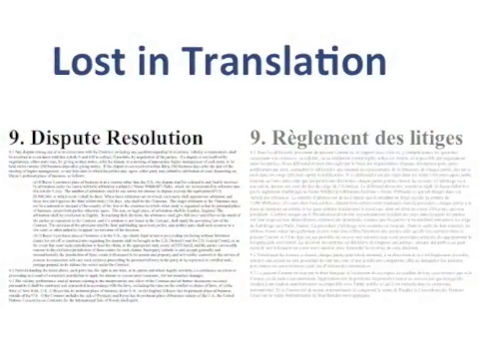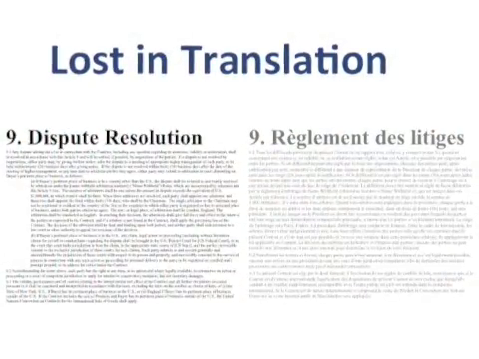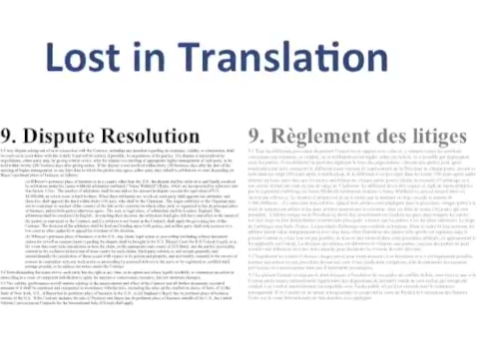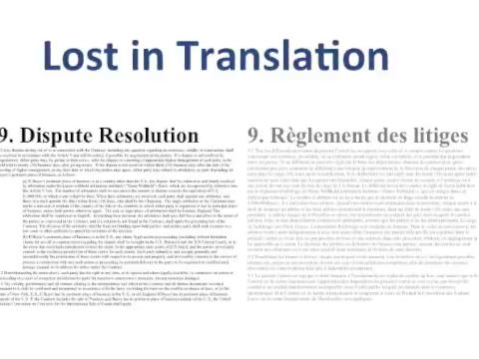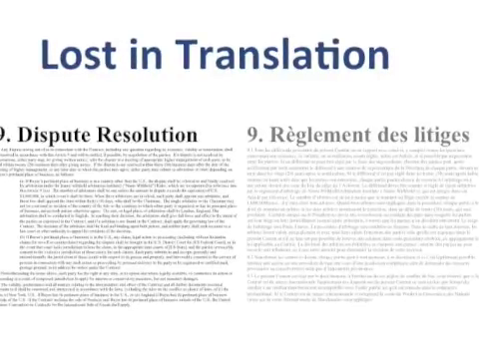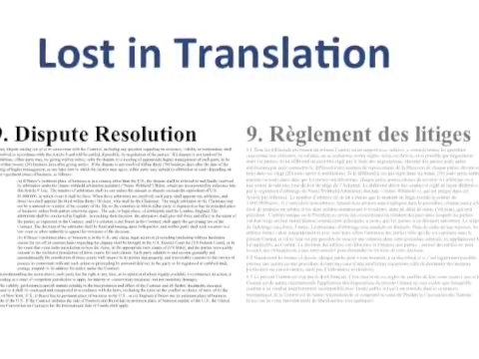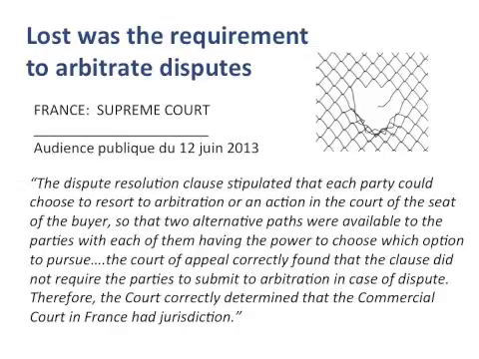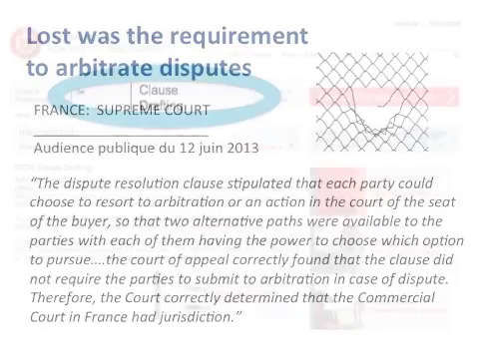Here's a complex 7-paragraph arbitration clause that was part of one company's standard terms and conditions of sale. When it was translated into French by a skilled lawyer, a slight variation was made. According to the French Cassation, the Supreme Court of one of the most pro-arbitration countries in the world, this slight change deprived the seller of the right to insist on arbitration. So their dispute had to be resolved in the French courts.